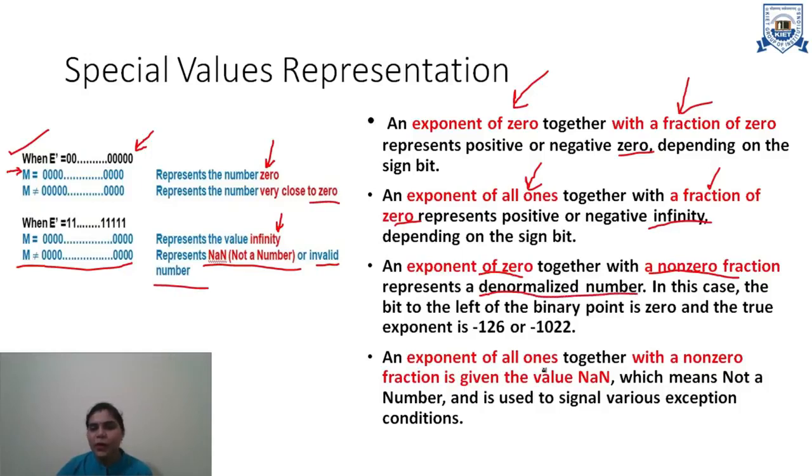An exponent of all ones and a non-zero mantissa or fraction gives not a number, or an invalid number, and these are used to signal various exceptions or conditions such as division by 0. Such an exception can be represented by a not a number or invalid number.